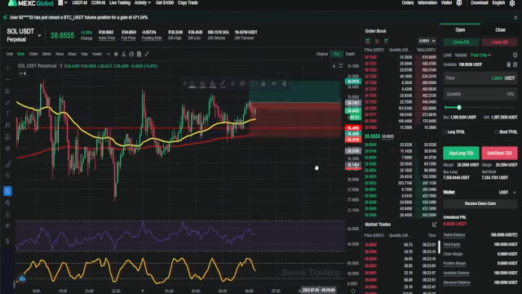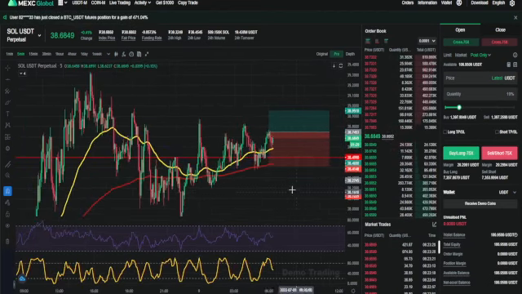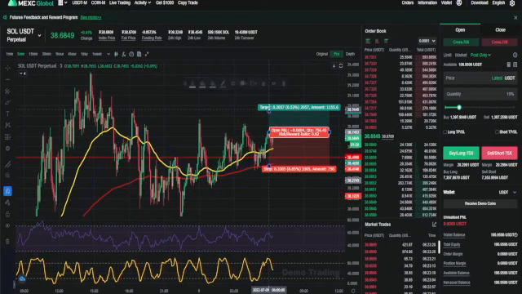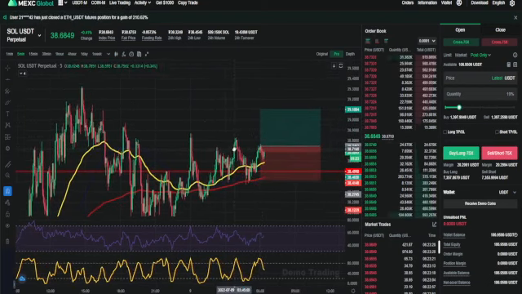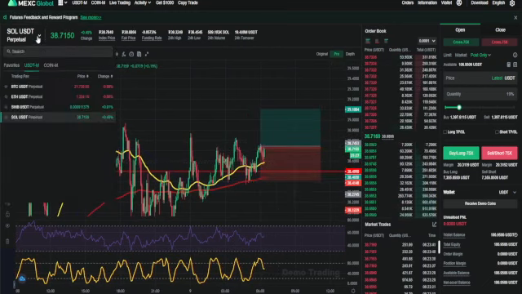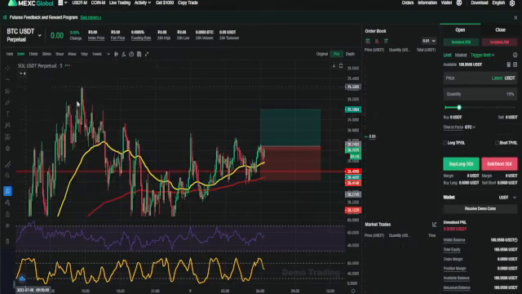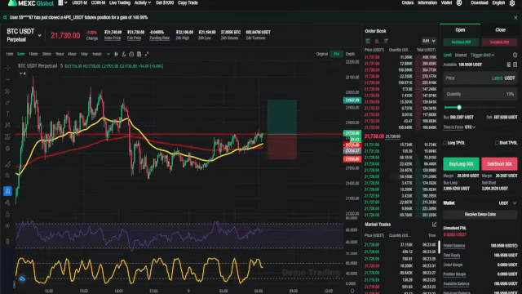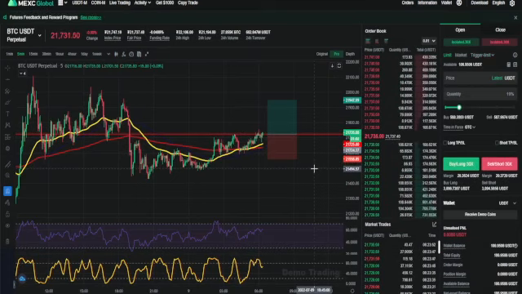So it's a completely different scenario compared to Bitcoin, and you can win or lose a whole lot quicker on something like this than you could on Bitcoin. So these things are just more to take into account when you're doing leverage.